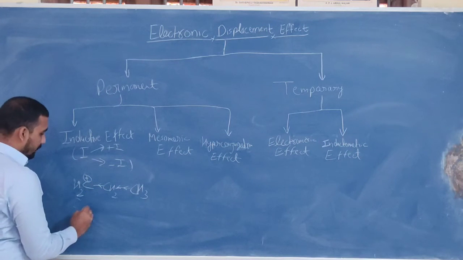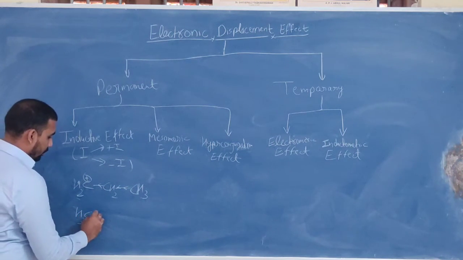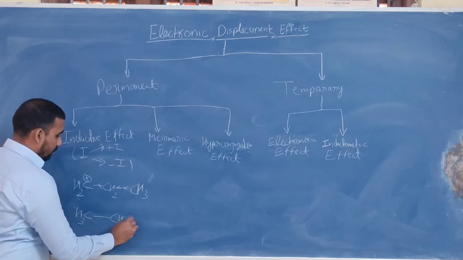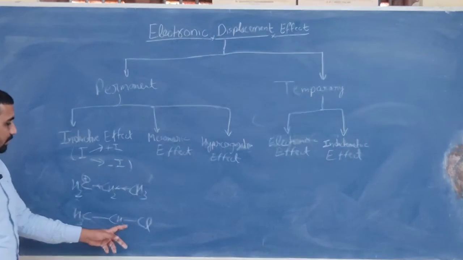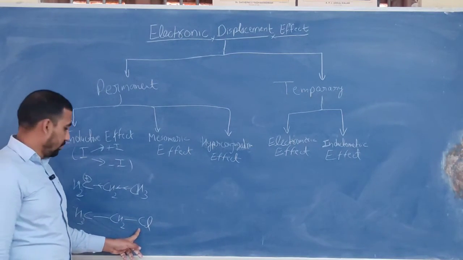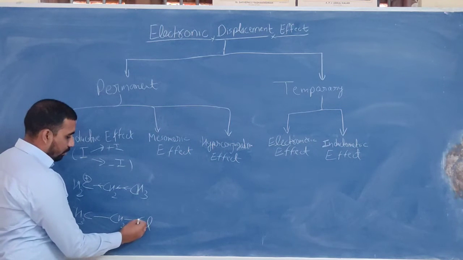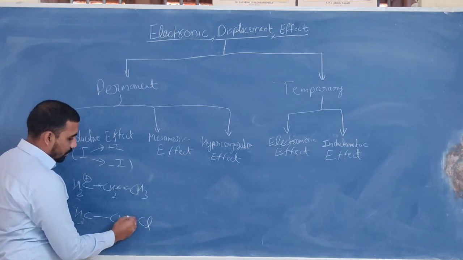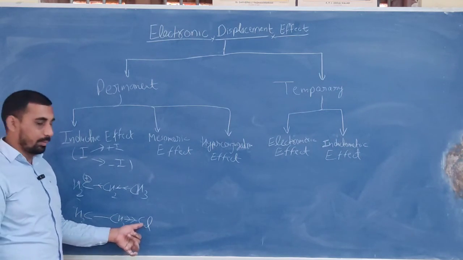What happens in minus I? Let's suppose we have CH3, CH2, and let's suppose chlorine. Chlorine is an electronegative atom, so it will pull electrons towards itself, and we will show the arrow like this. It means electrons are moving towards chlorine.